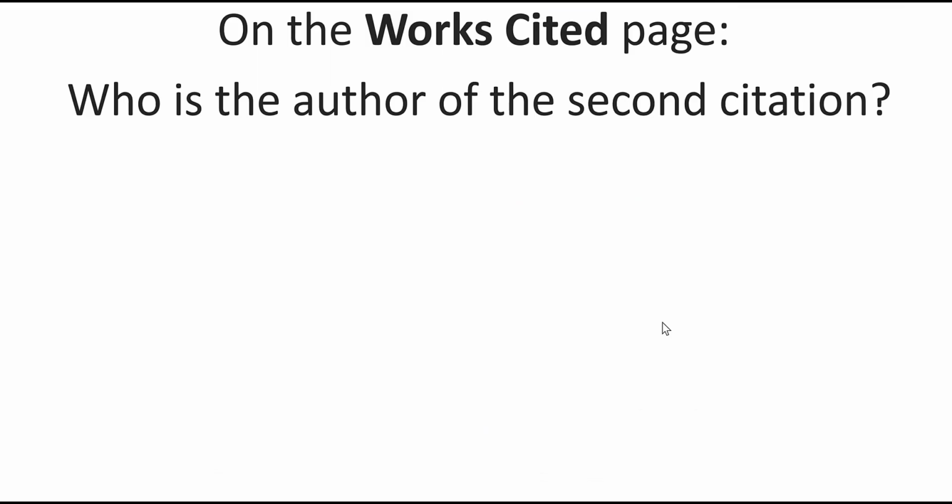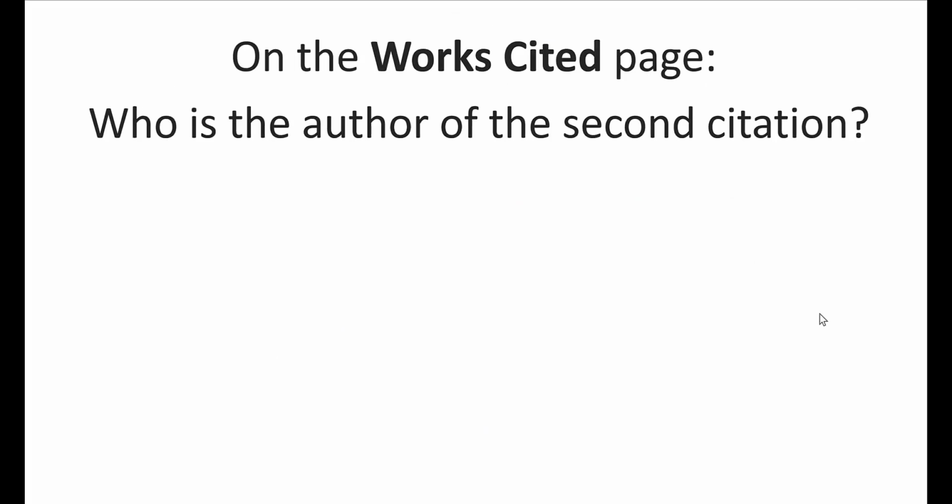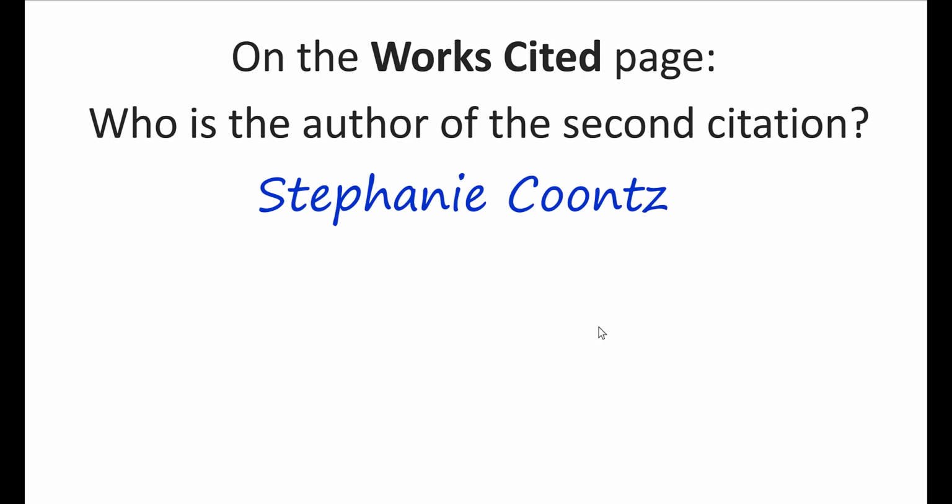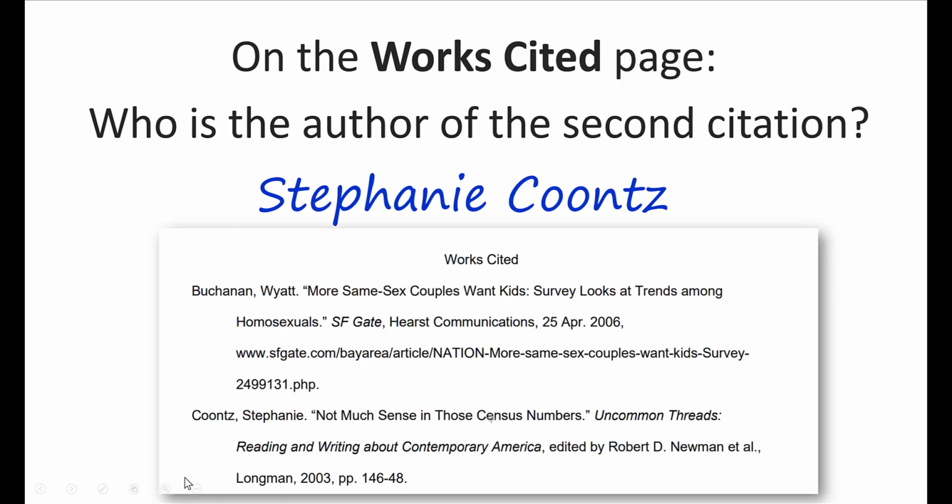All right, let's go back to talking about the sample student essay. So looking at the Works Cited page, can you tell me who the author is of the second citation? Did you get it right? Stephanie Kuntz is the author of the second citation. And you can tell because usually the author's name comes first in the citation.